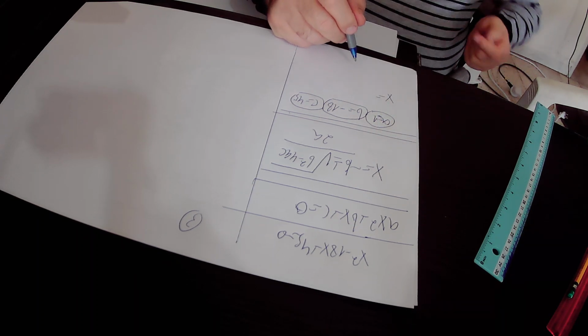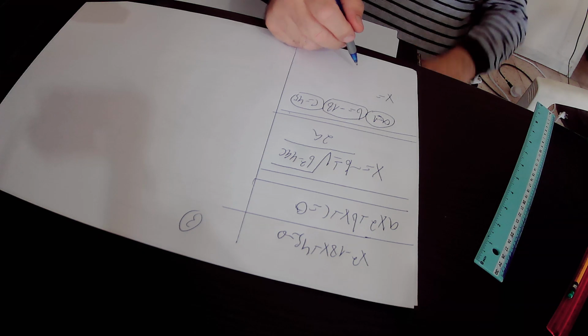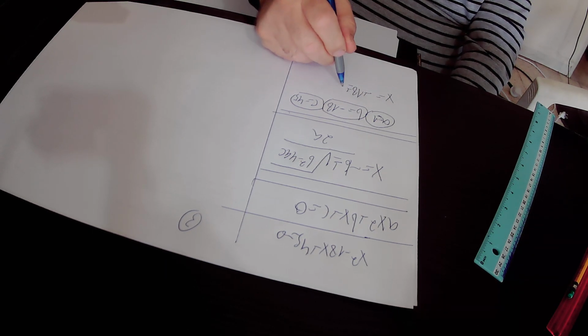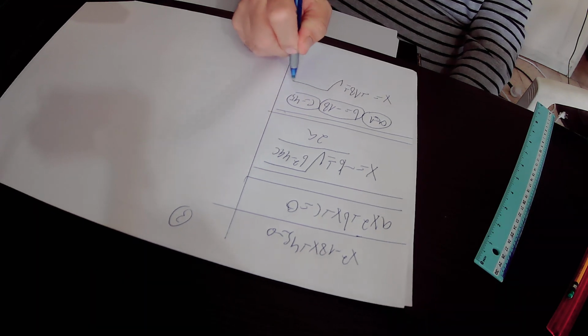B is minus 18, therefore minus b is minus 18, that is plus 18, plus minus square root of b squared.